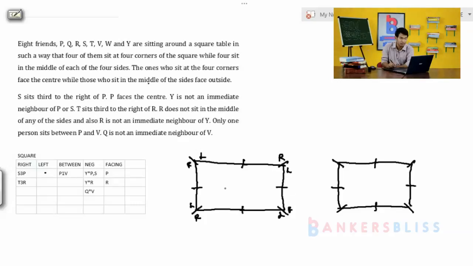And those who sit in the middle are facing the outside. Facing the outside means it should be reversed: left becomes right and right becomes left. And here also.